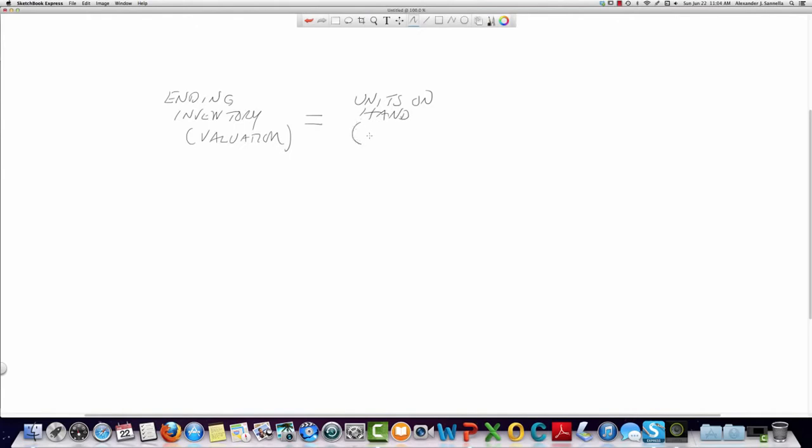And we said even if you have a perpetual record, that has to be verified by a physical count. And that's going to be multiplied by the cost per unit.